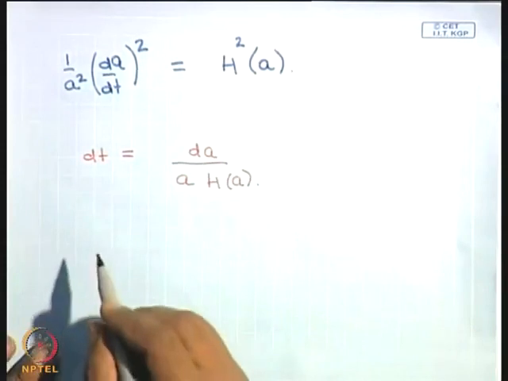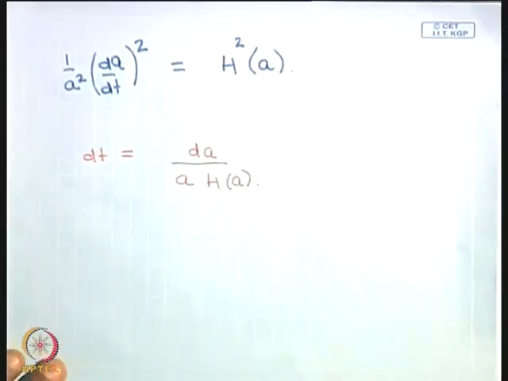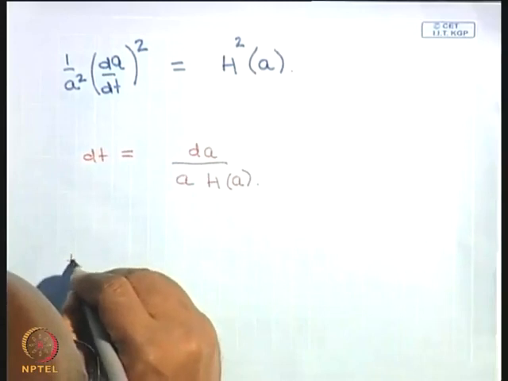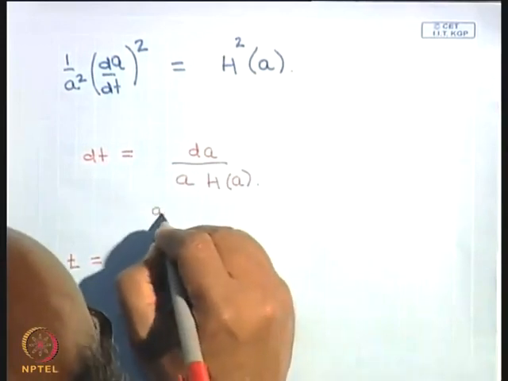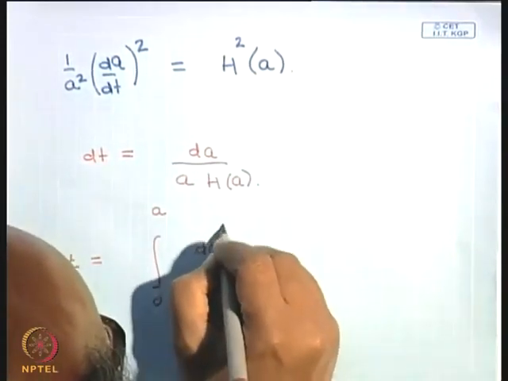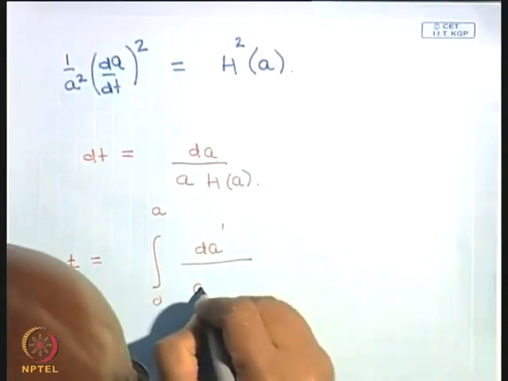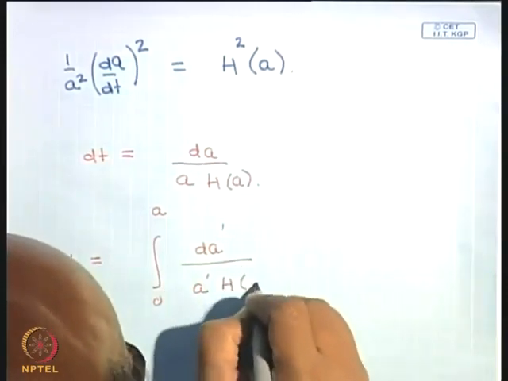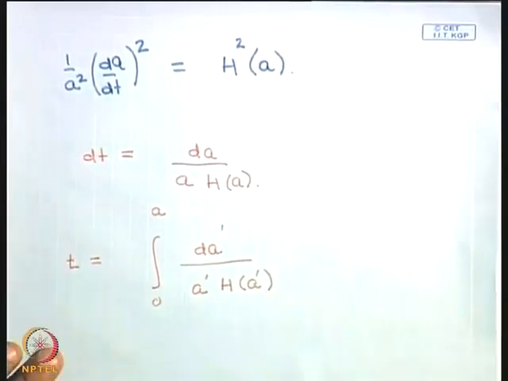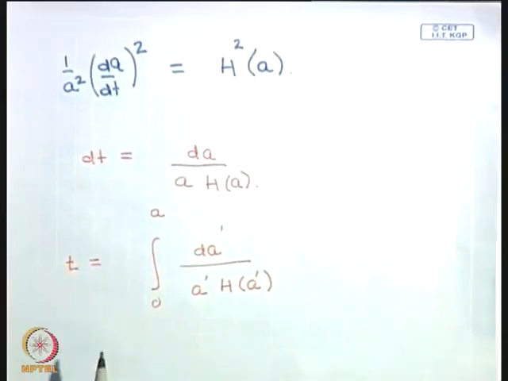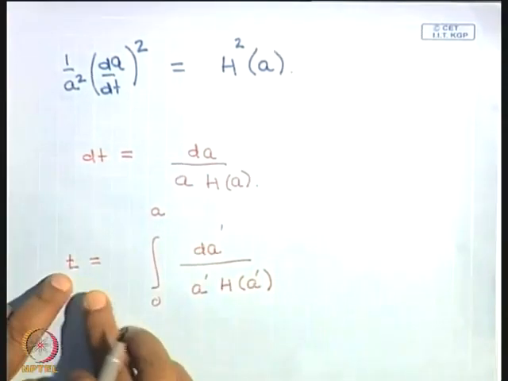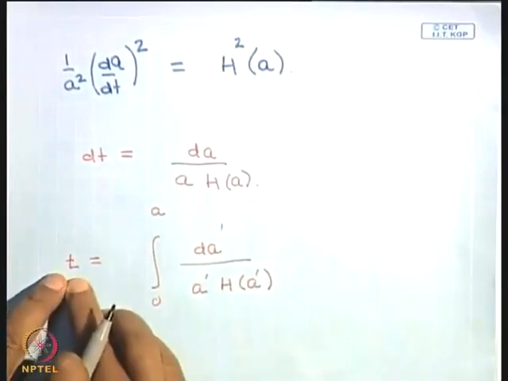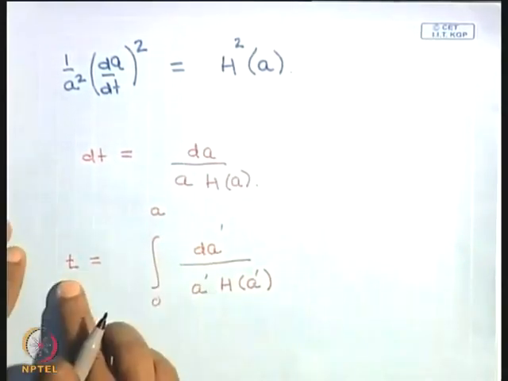So if you want to solve for the scale factor at any instant of time, you have to essentially do this integral from 0 to a of da'/(a' H(a')), and there will be a constant of integration which we set to 0, because we would like the Big Bang to occur when t is equal to 0. Okay, so to determine a as a function of time, you have to integrate this. This will give you t as a function of a. You have to invert this to get a as a function of t.